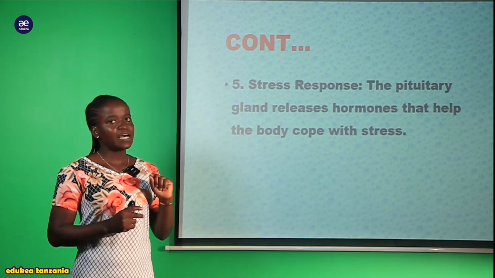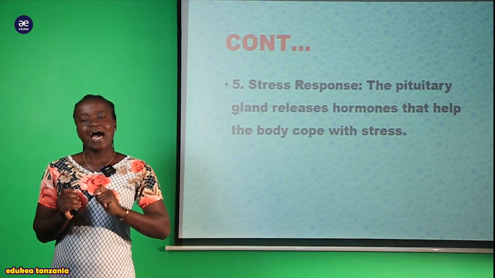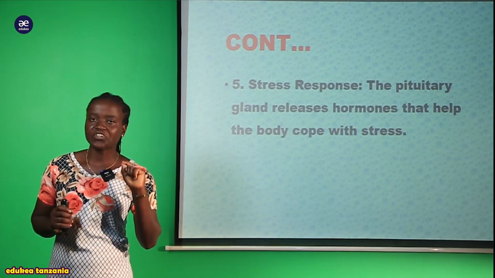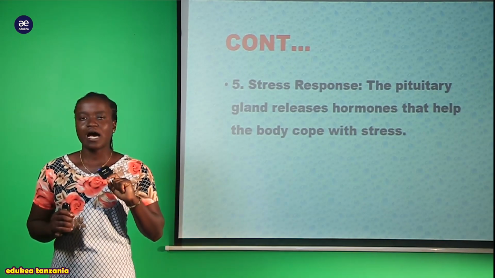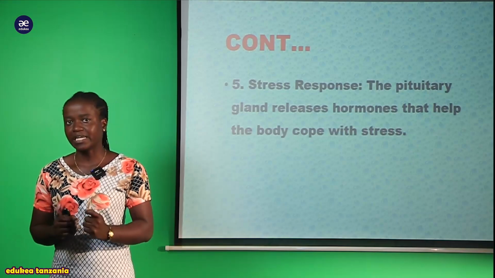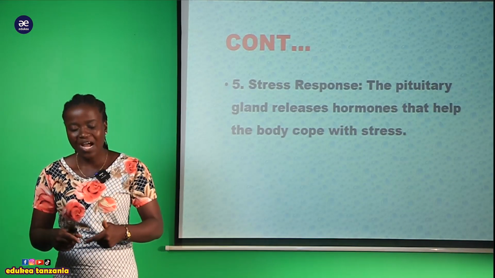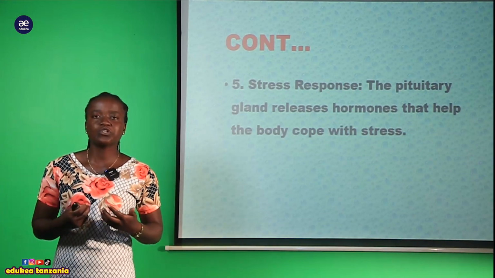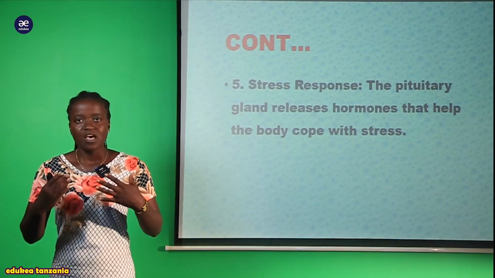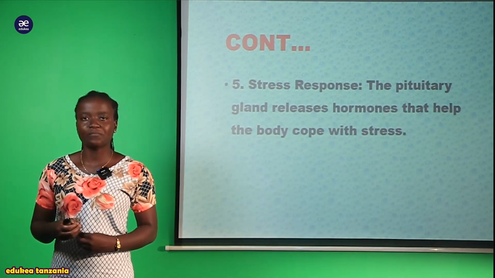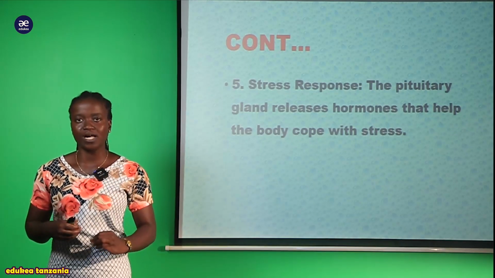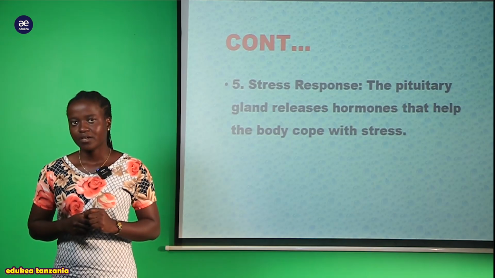So now those stresses are removed due to the secretions of hormones from the pituitary gland that control other glands to produce different kinds of hormones so that they can cure the problem or disturbance occurring within our body.